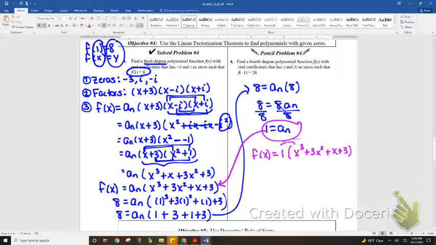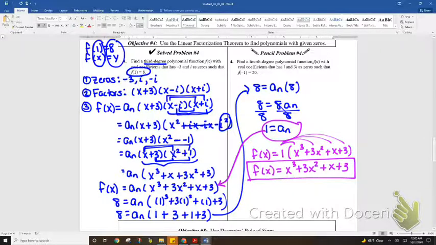And then you're going to take whatever your a sub n is and you're going to distribute it through. So f of x equals x cubed plus 3x squared plus x plus 3. And that is our polynomial that has zeros. It's a third degree polynomial, so it's x cubed. It has real coefficients. It has -3 and I as zeros, and f of 1 will equal 8 when we plug it in. So there's our solution.